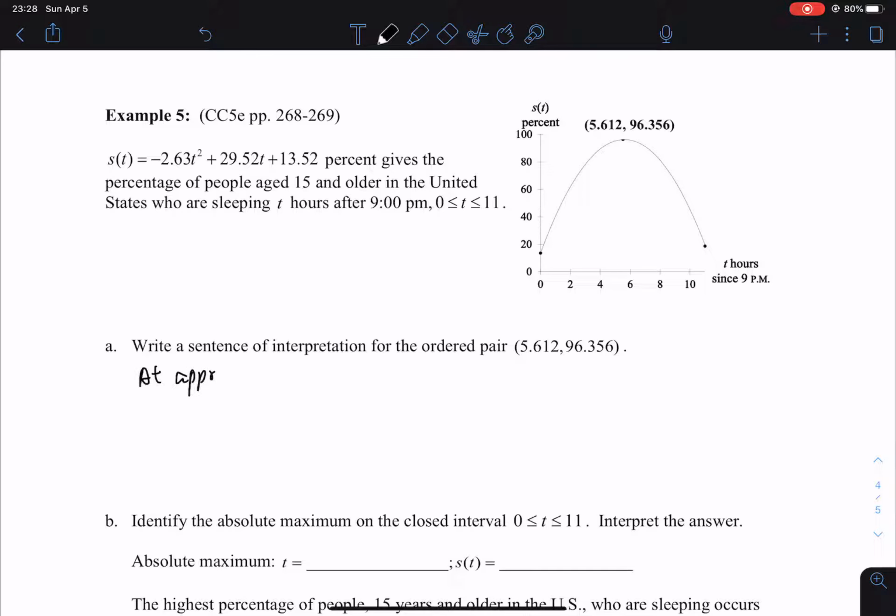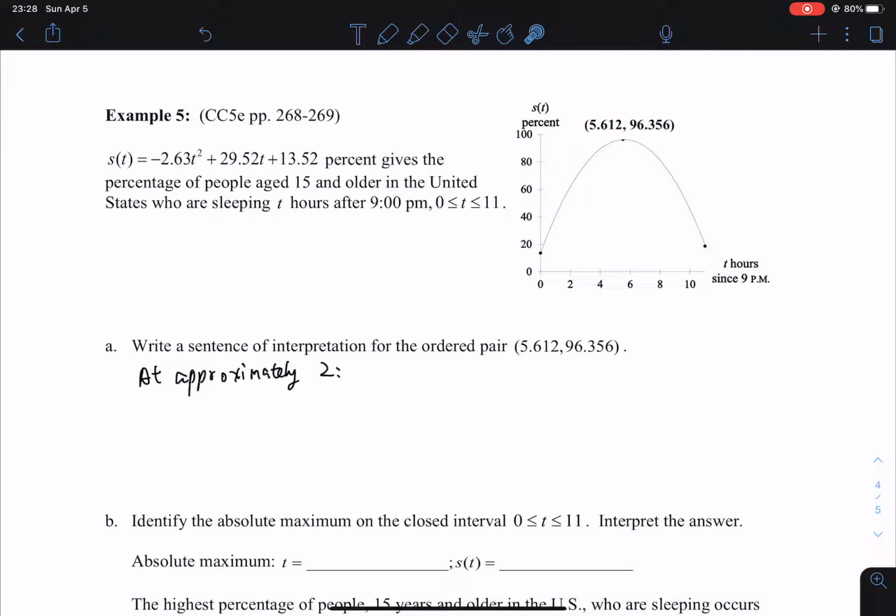At approximately 2... For this one, we just plug this one in.